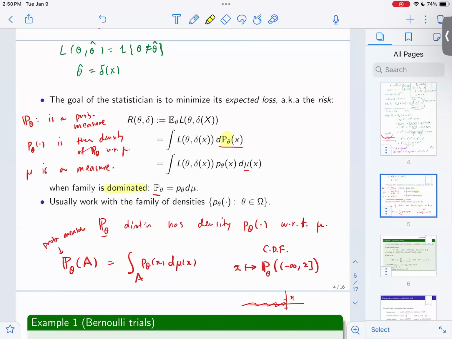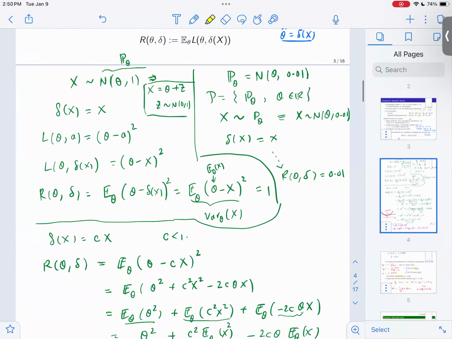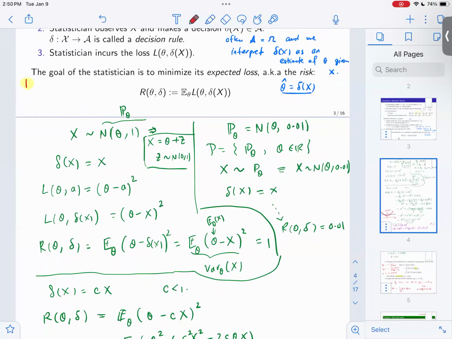So if you just do dx, then you treat this as like the density of a normal. So in our case, for example, here, P theta is the normal distribution, really. It's the distribution that tells you how to assign probabilities to any reasonable set on the real line under the Gaussian measure.